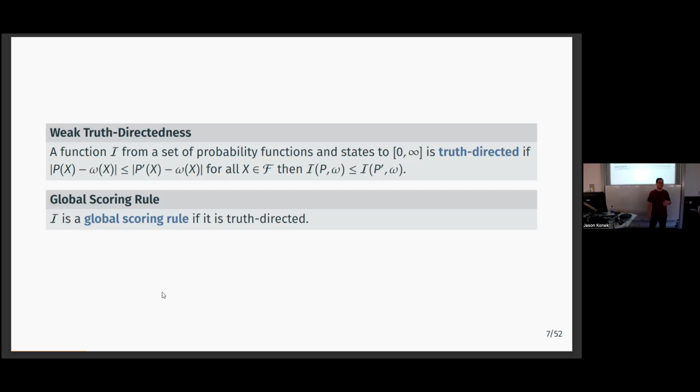Any confusion? Are we all together so far?